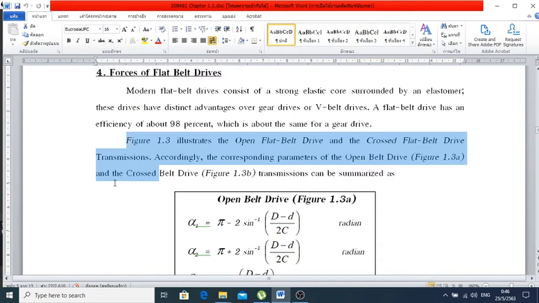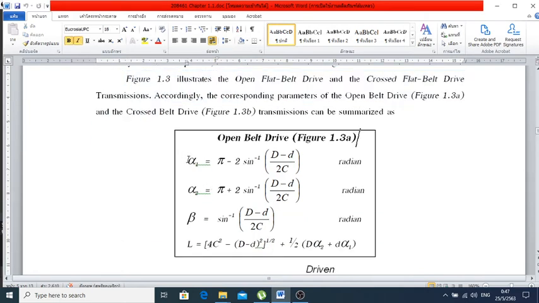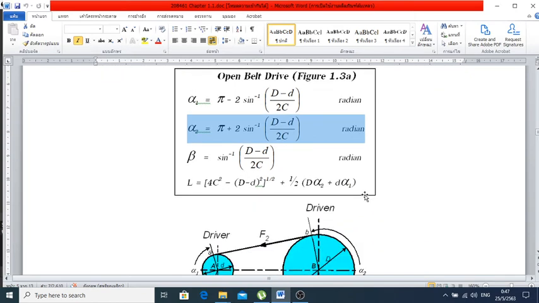Accordingly, the corresponding parameters of the open drive in figure 1.3a and cross drive in 1.3b can be summarized as follows. Alpha 1 can be determined in terms of radians, and alpha 2, you have to remember the subscript 1 stands for the driver, and 2 is going to be the driven one, respectively.